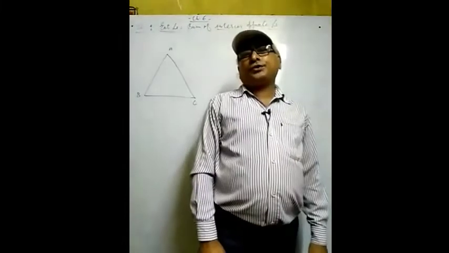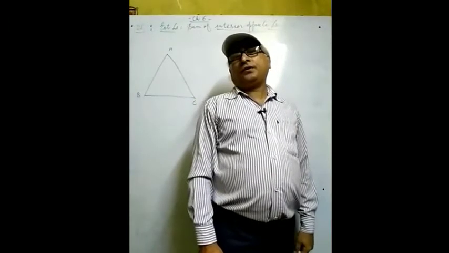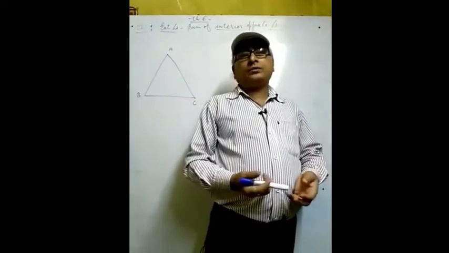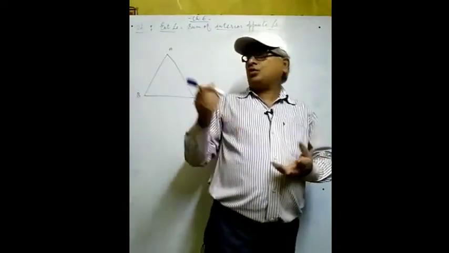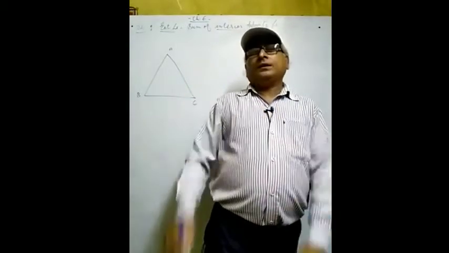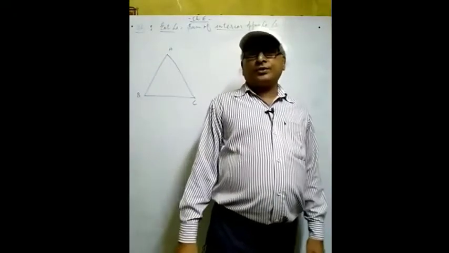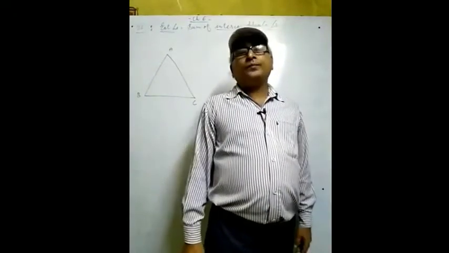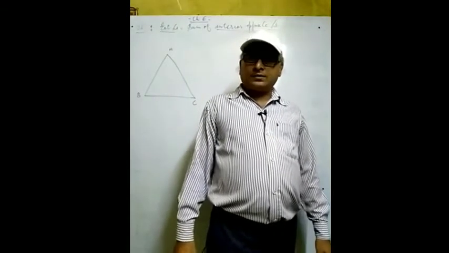Now students, follow here. We have to study a very prominent second property of a triangle. And what is it? You may observe here. The property is mentioned here: exterior angle equals the sum of interior opposite angles.